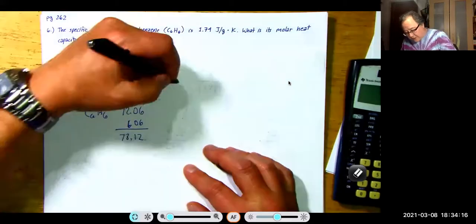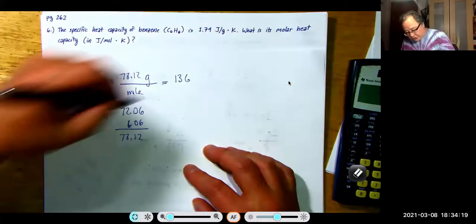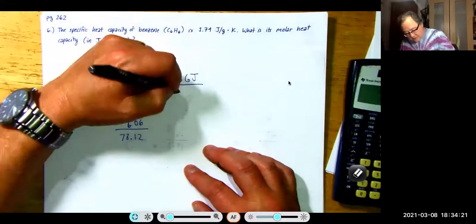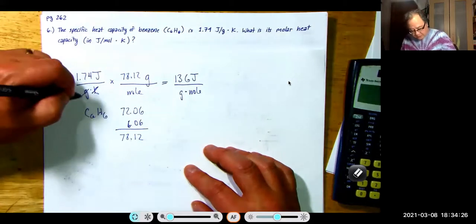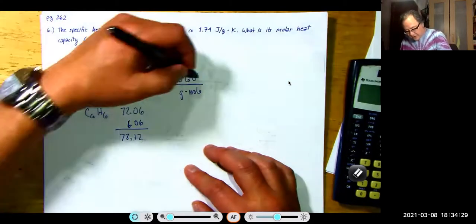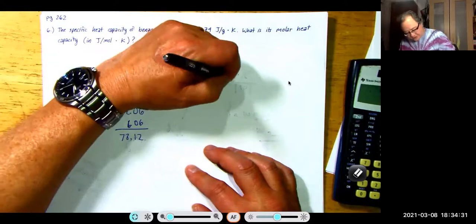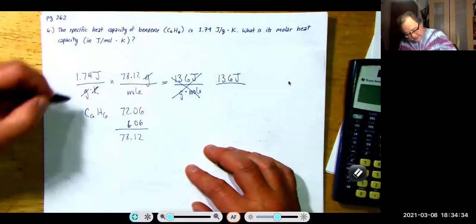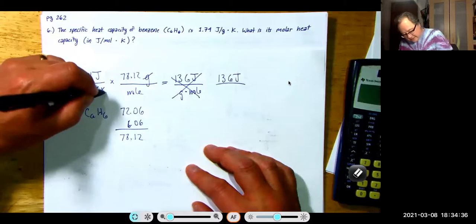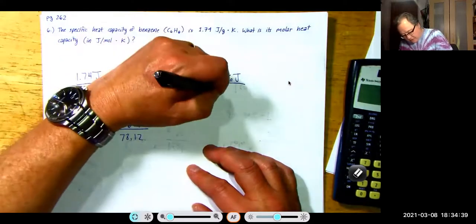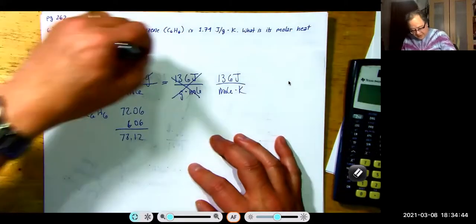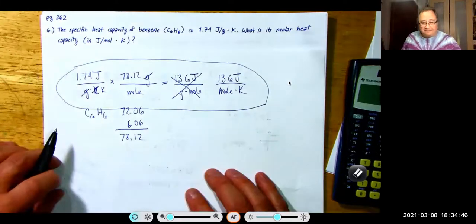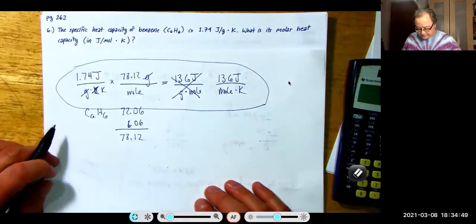And we get 136 joules per mole per K. Oops, I screwed that up. 136 joules per mole per K. So this is the kind of work I'd expect to see for a problem like that, only much neater.